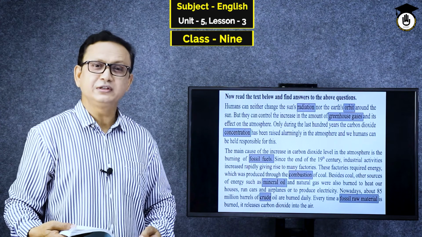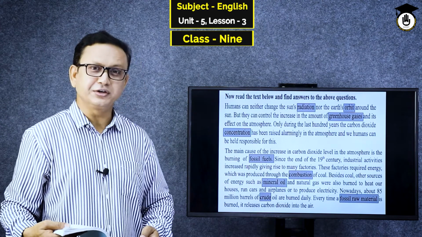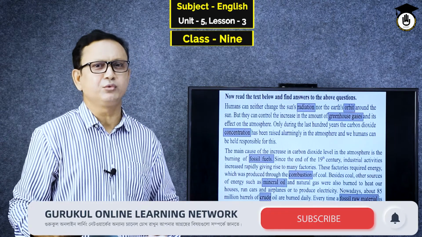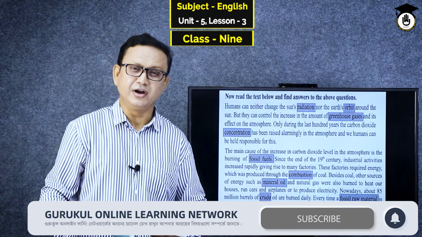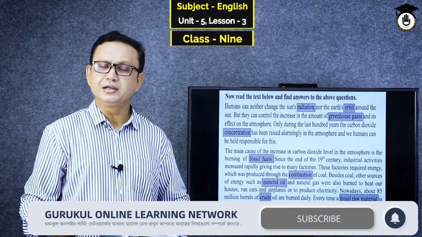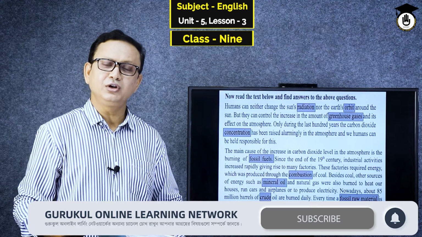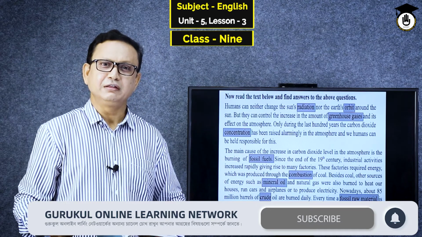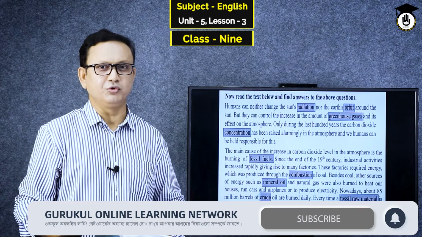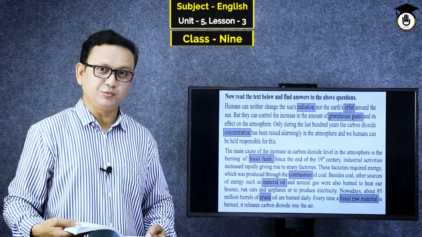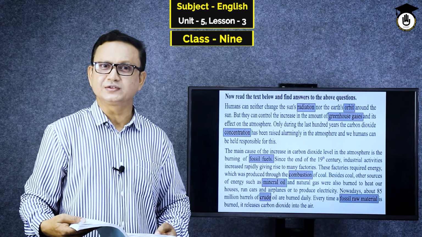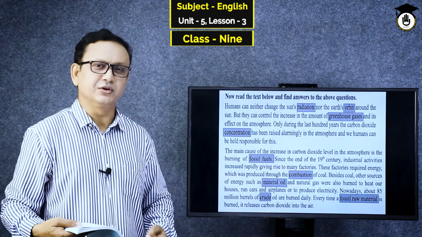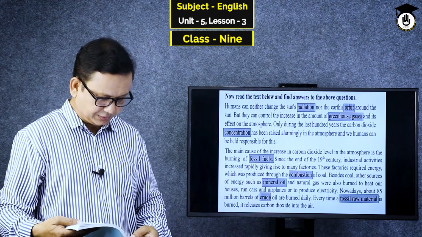Now you can think how we are increasing this harmful gas in our atmosphere. In many, many ways. We are running our cars, we are running our industries, and all our cars, industries, brick fields, everything emit black smoke. This black smoke contains many harmful gases, but the major, most significant one is carbon dioxide. Okay, let's see next.